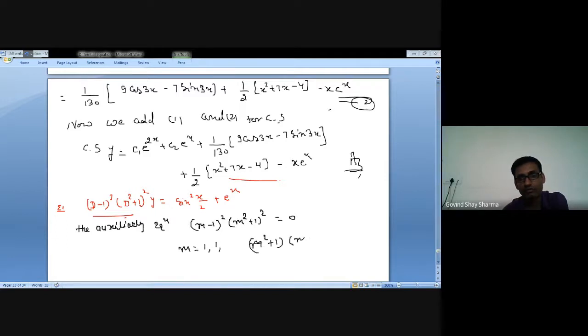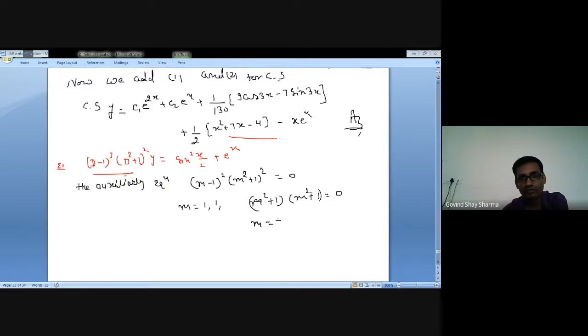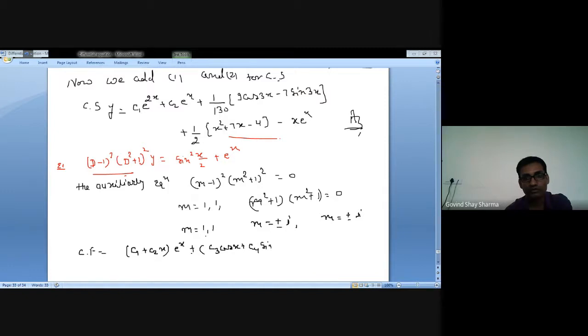So here we get m is equal to plus minus i, and m is equal to 1. There we get 6 roots. So the CF is C1 plus C2 x e to power x plus C3 cos x plus C4 sin x.